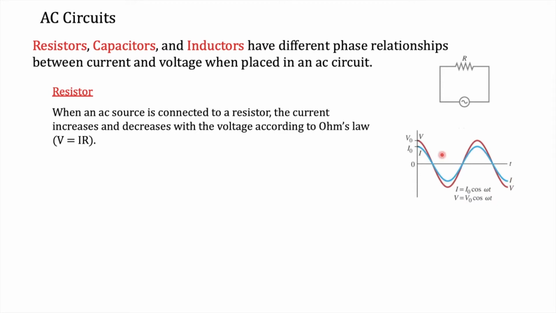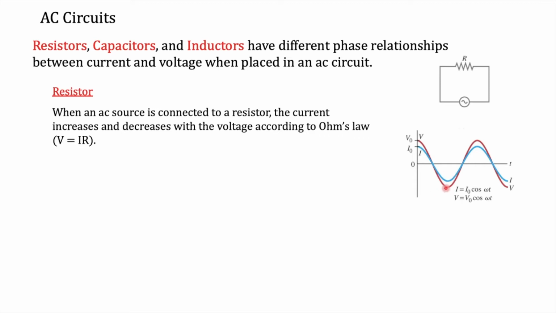In other words, the value of the current changes every second, every millisecond, nanosecond, depending on the frequency of the current. Here it is the maximum current, and as you move in time, the current decreases. At some point in time, the current is zero, and then there is negative current.